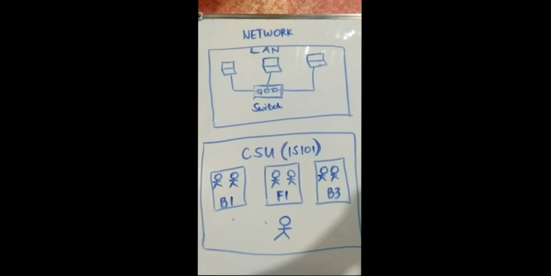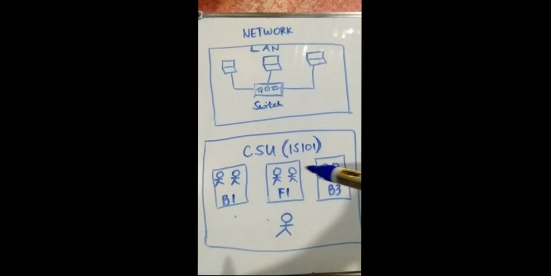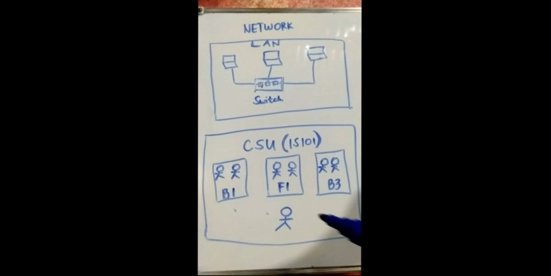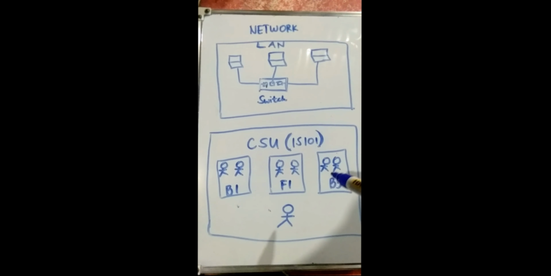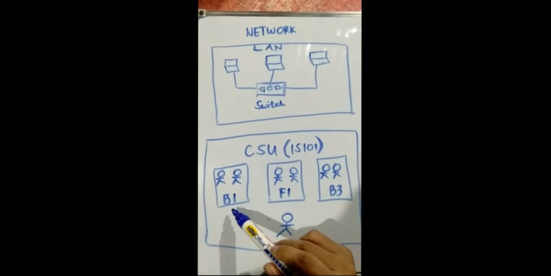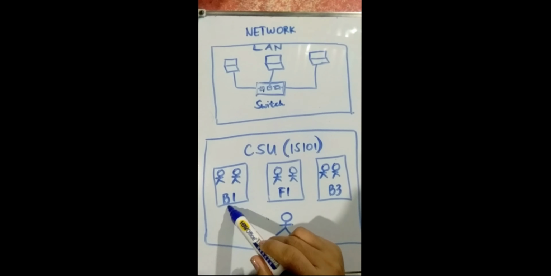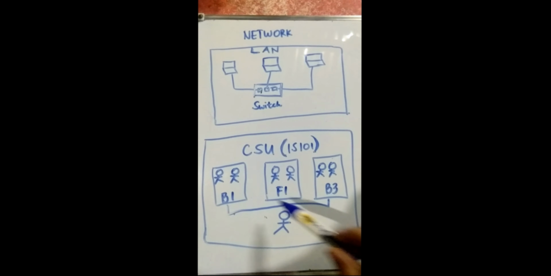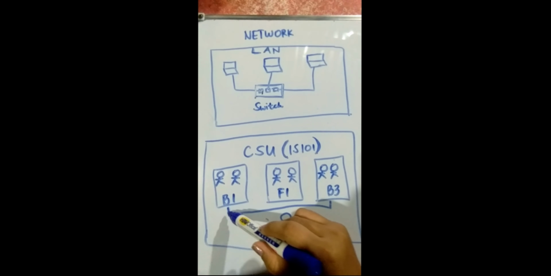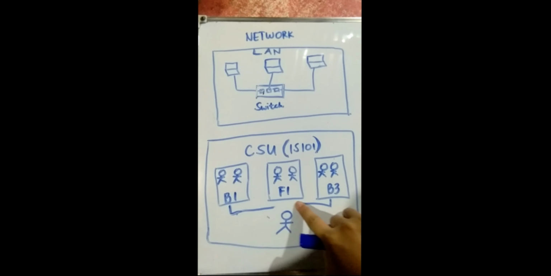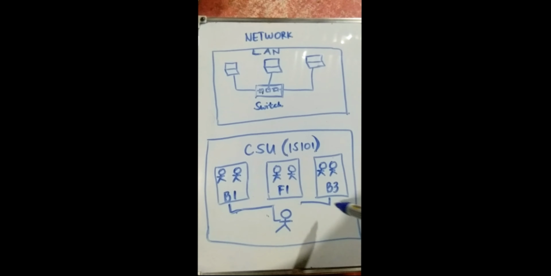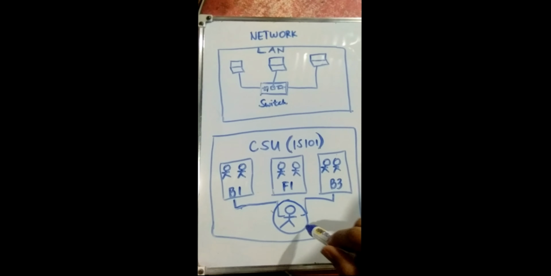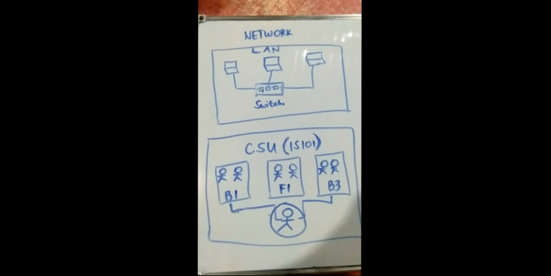Each student has an ID number by which they are identified, just like a computer that has an IP address. If a computer from section B1 wants to talk to section B3, the student from B1 needs permission from their instructor to talk to section B3. The instructor represents the switch in the network.